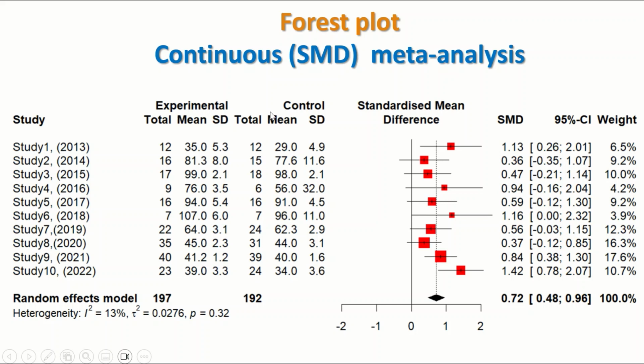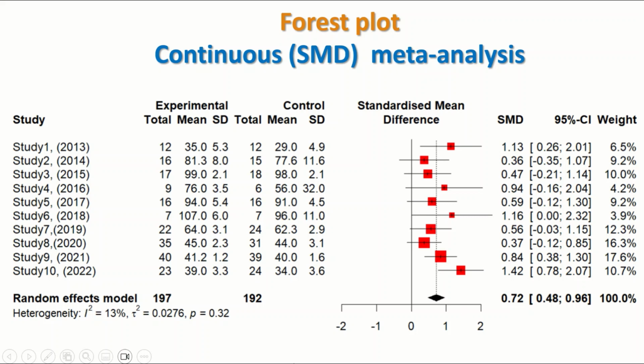It has a descriptive section, which shows the experimental and the control, the total, the mean, and the standard deviation for each study and for each group within each study, and the calculated effect size, which is the standardized mean difference, the 95% confidence interval and the weight percentage. And the middle section here is a diagrammatic representation for SMD with squares and a diamond.